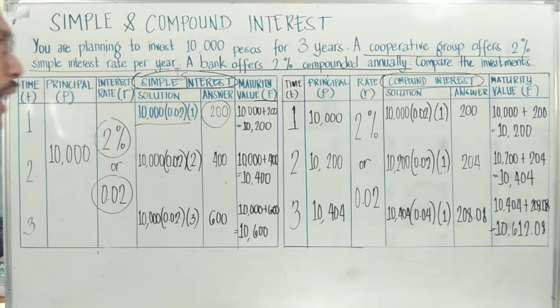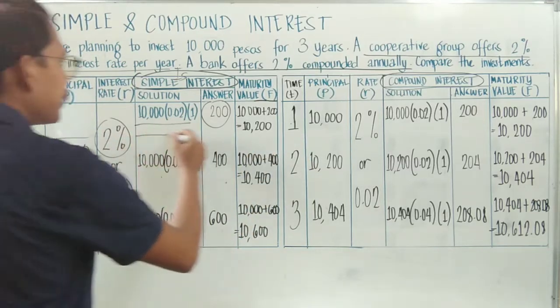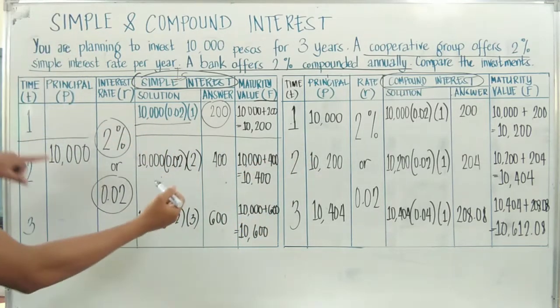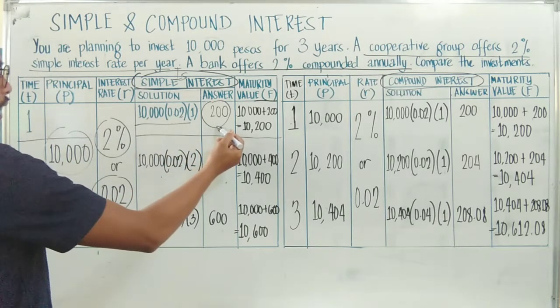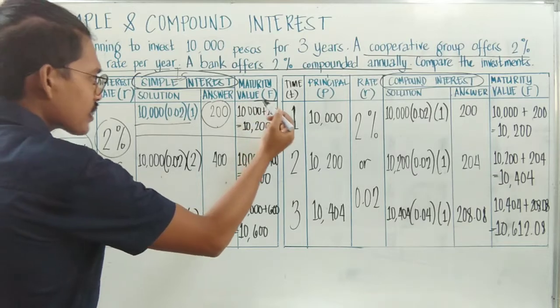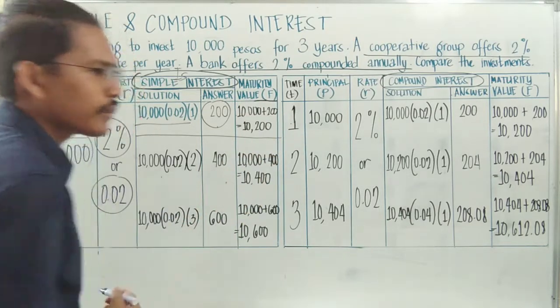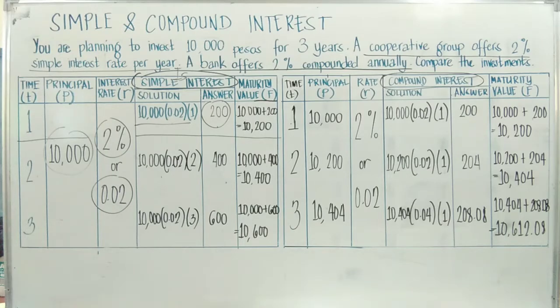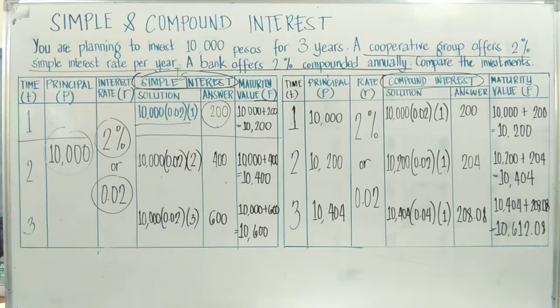Then to get the future value or maturity value of your investment after 1 year, we add your 10,000 pesos to the interest, which is 200. So that is 10,000 pesos plus 200 equals 10,200. Okay, so the money earns 200 pesos after 1 year. Then let's go to the second year of your investment.